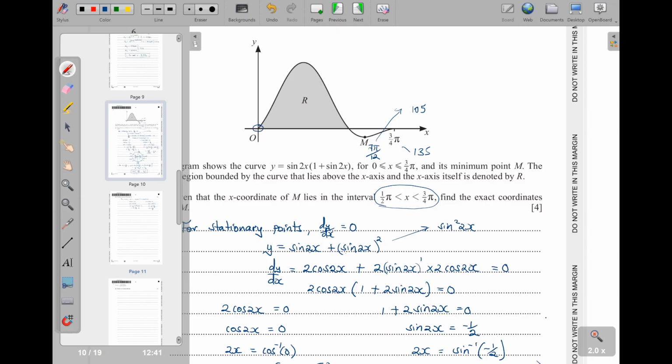So there is this 0 here. Then the other one is pi over 2. If this one is 105, okay, then 90 has to be here. This has to be pi over 2, because it is very near to this one. See that? So my answer here has to be, I'm going to take now 0 to pi over 2.